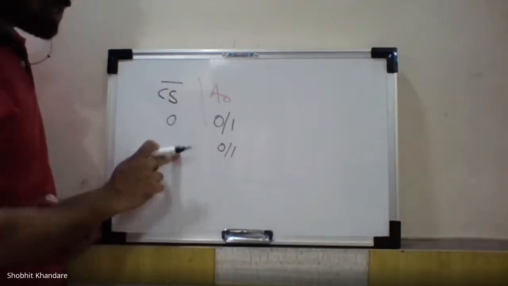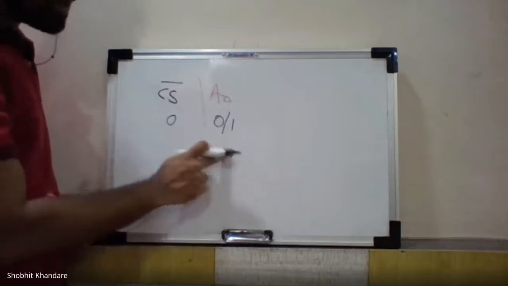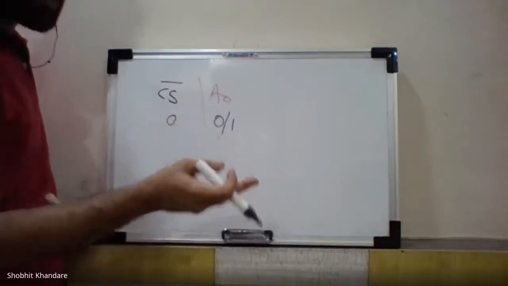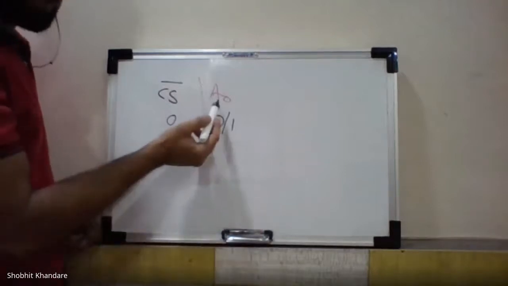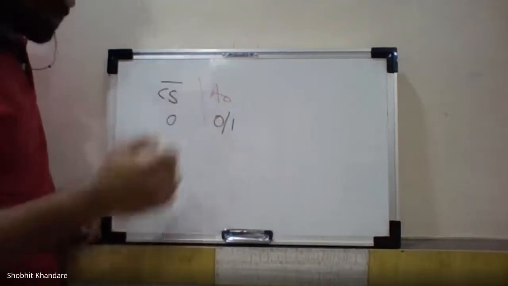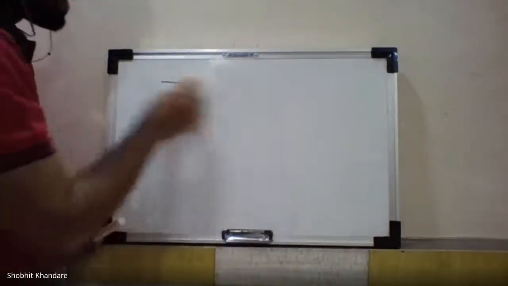So the condition is that CS bar should be 0 and A0 should be either 0 or 1. Whenever I was talking about the different command words, I told you the status of A0 and the status of CS bar for every command word. So we will see the sequence.